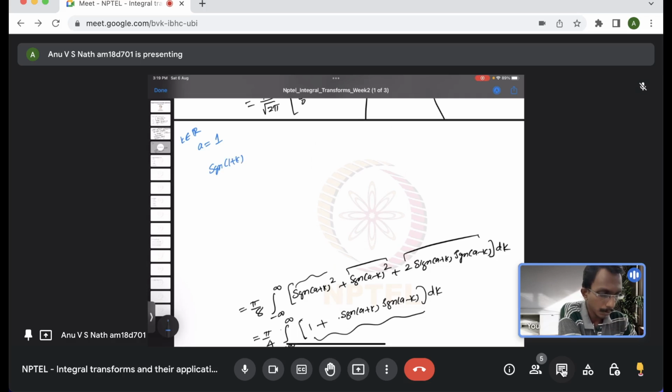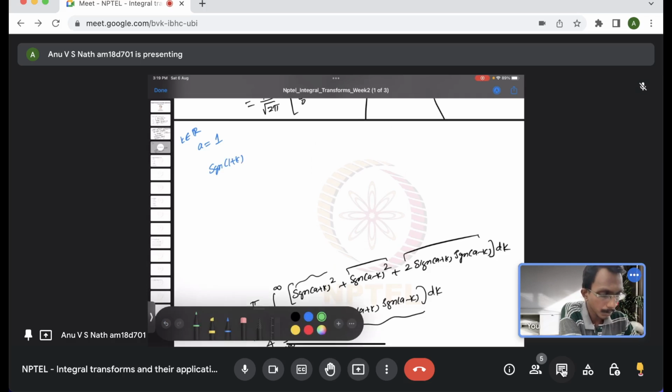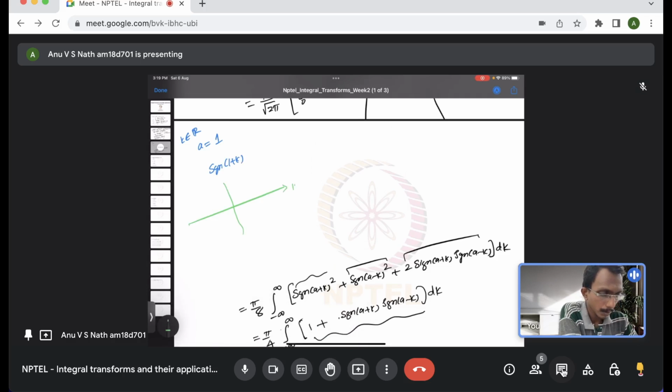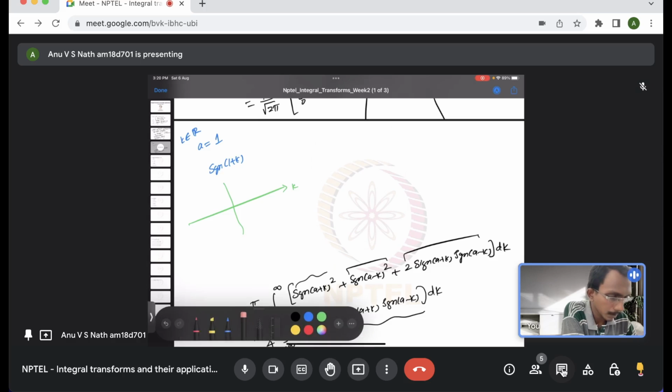So if you plot the function, how will it look? So we have the k axis here. We are going to plot the function sine of a plus k, 1 plus k. So when k is negative or lesser than minus 1, sine of a plus k changes sign when k becomes minus 1.